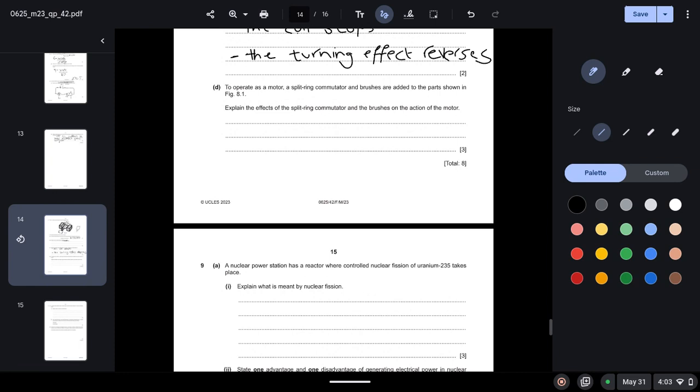Because it reverses the current. The entire purpose of a split ring commutator is to reverse the current. And what do the brushes do? The brushes ensure that the current is maintained in the same direction.